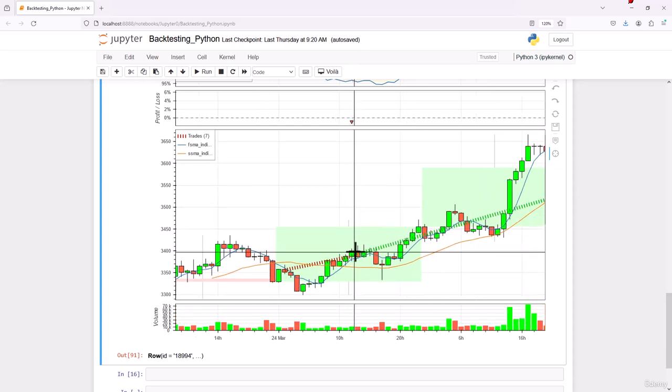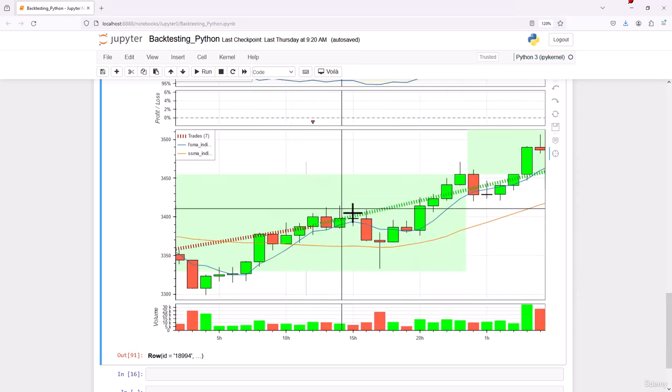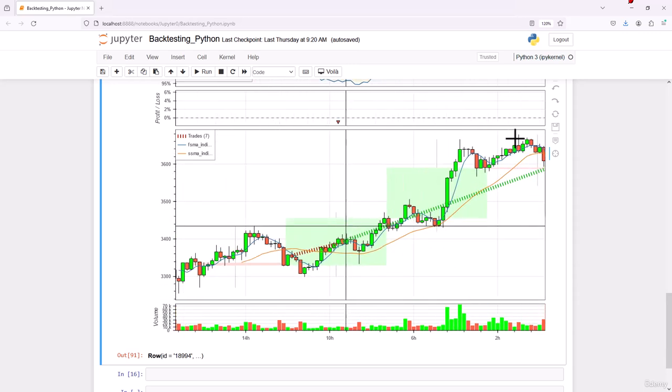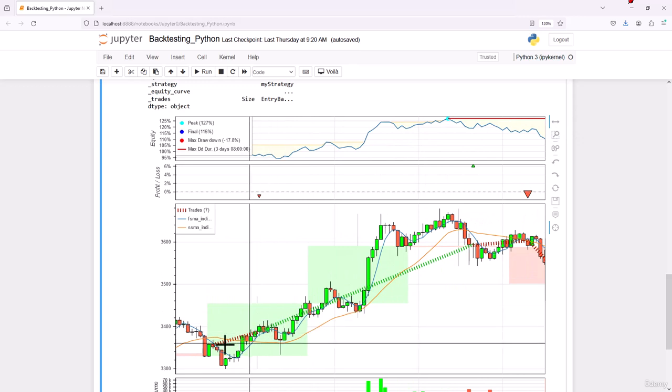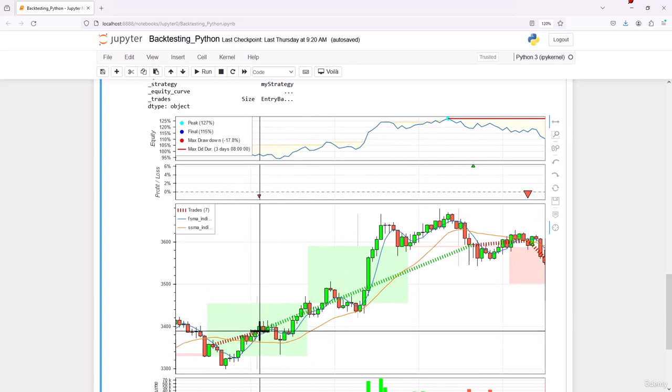Now, scroll out with the mouse scroll. Also, use the pan tool on the right to drag the chart left and right. In a buy trade, if the closing price exceeds the opening price, we will profit. Hence, this green hash.